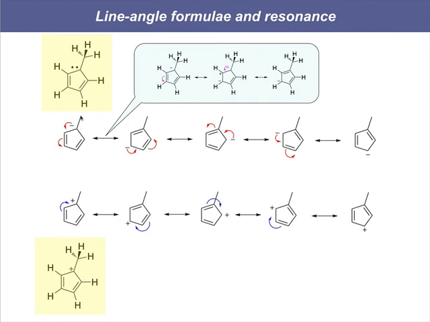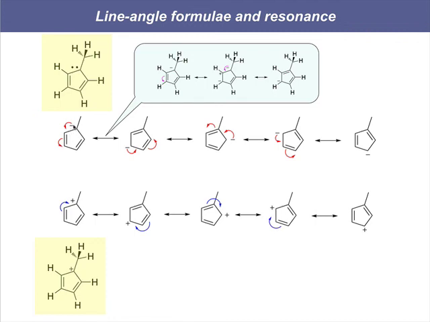So we have 3 bonds drawn to this carbon, 1, 2, 3. So there must be a lone pair on this carbon. In order for that carbon to be negative, there must be a lone pair. So we can move that lone pair around. That's what I'm doing here.